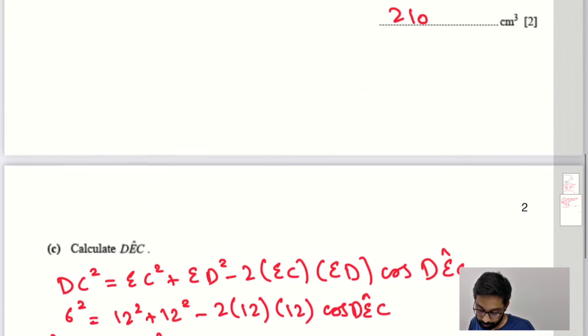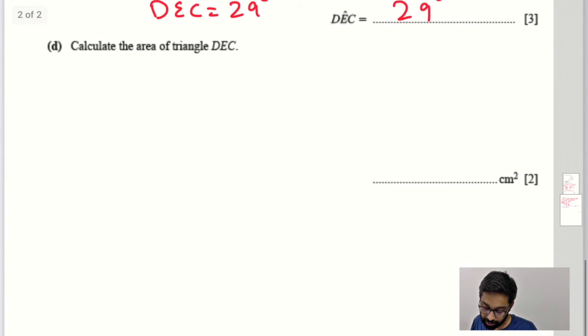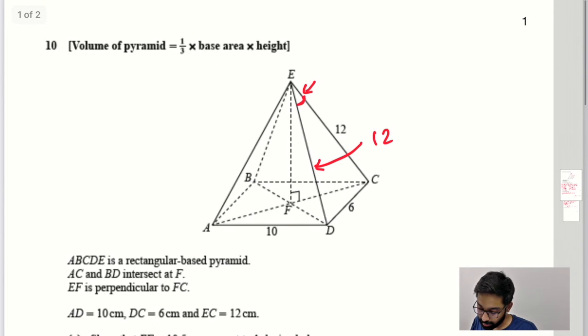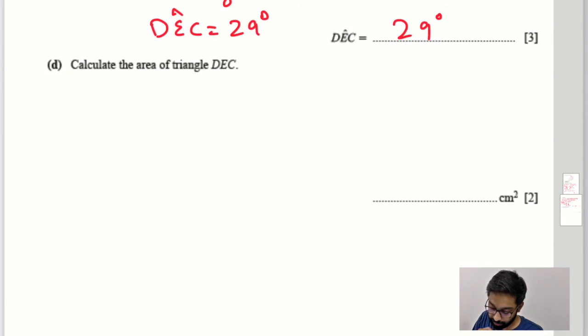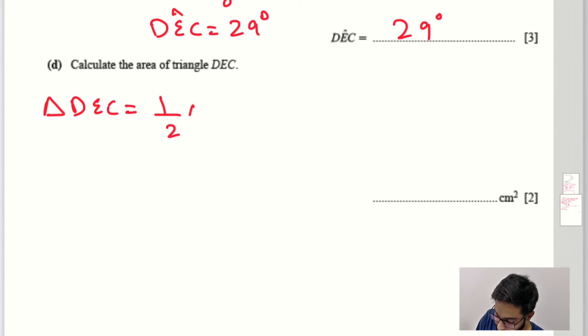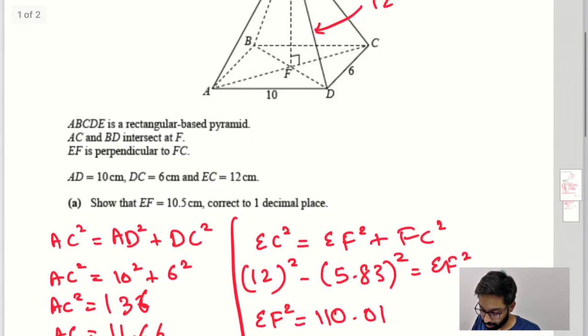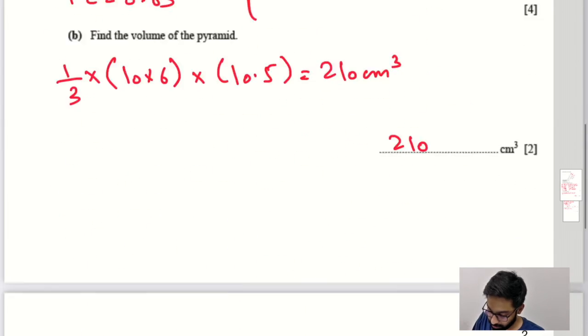Let's move on. The last part of the question says calculate the area of triangle DEC. Let's use the trigonometric formula for the area. The area of triangle DEC can be calculated by multiplying half times a times b times sine C. In this case, a and b are going to be the lengths EC and ED, which are 12 and 12.